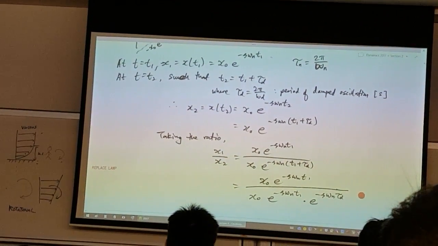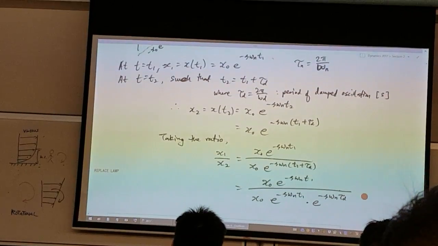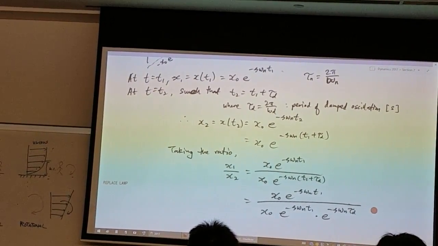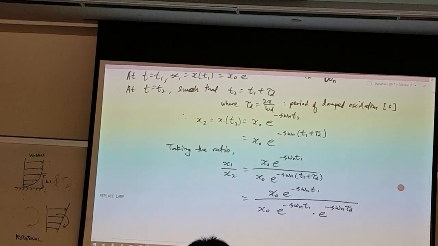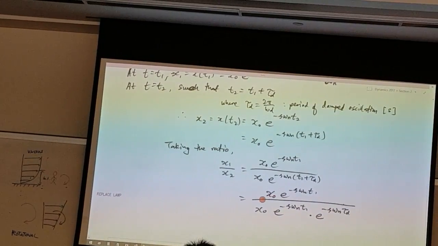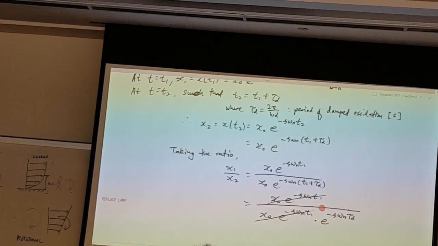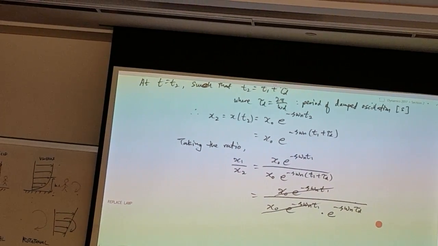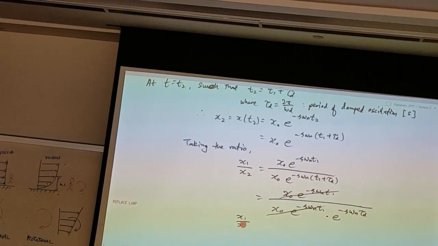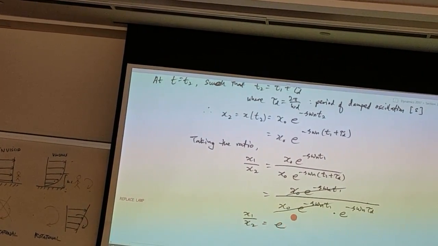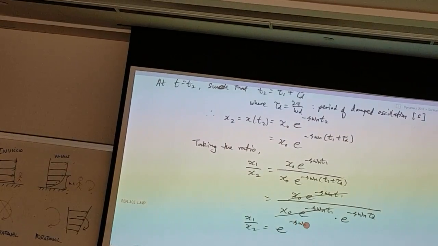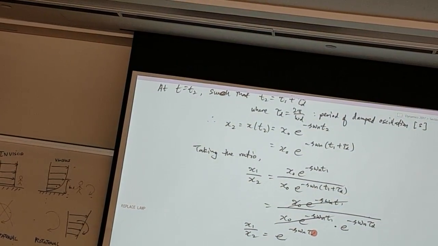This is your law of indices, if you remember. So you can see that this and this you can cancel out. What is left? x1 over x2 is equal to e to the power minus zeta omega n tau d.